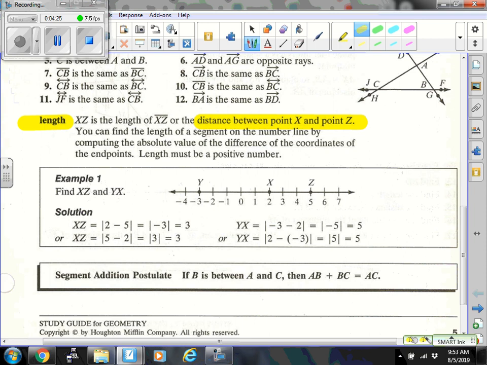We can say that's the length of the line segment. Also note, if I just want the length of a line segment, I don't have to put any symbols over top of it.